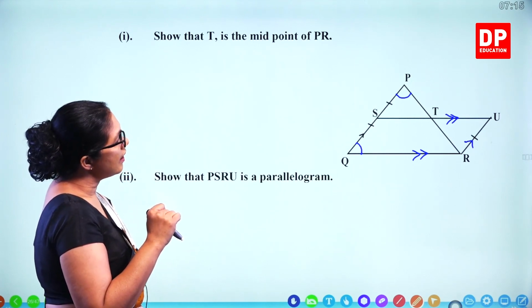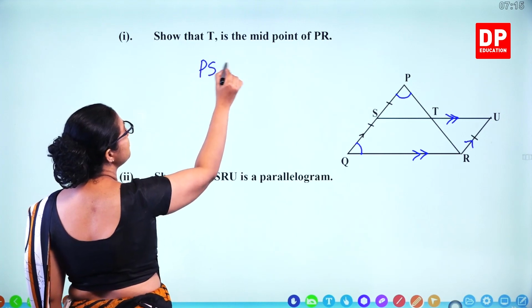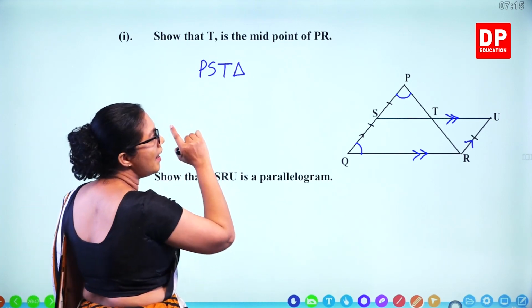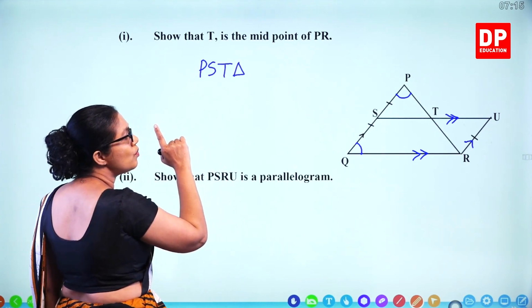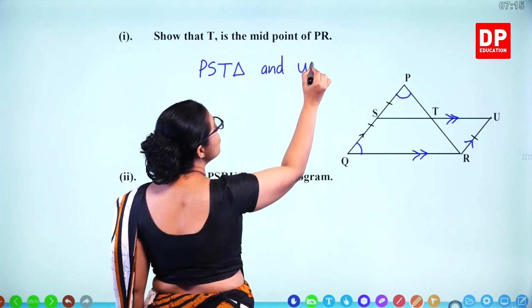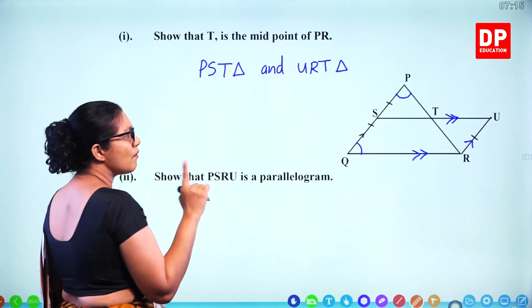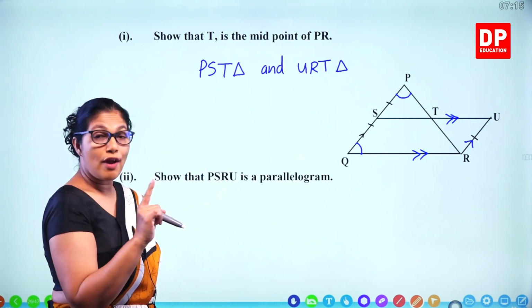So let's take triangle PST and triangle URT. What do you know about those two triangles?